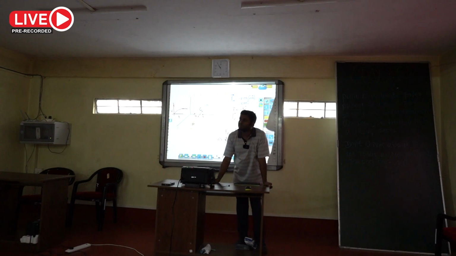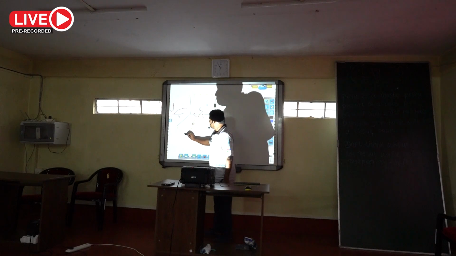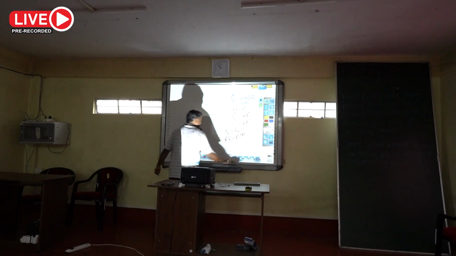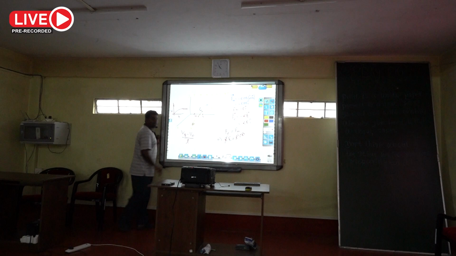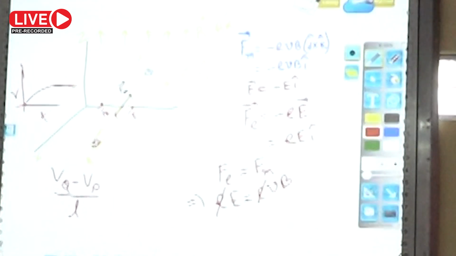So let us consider the potential difference between these two terminals is Vq minus Vp. This divided by L, where L is the length of the conducting rod, will give you the field.